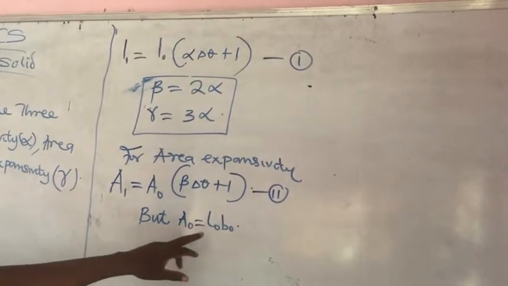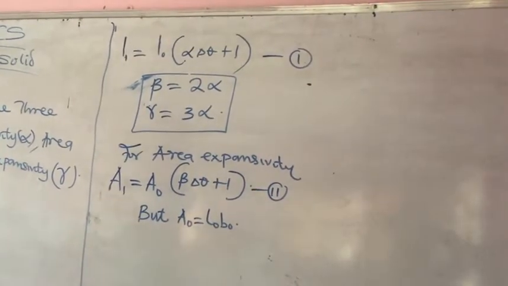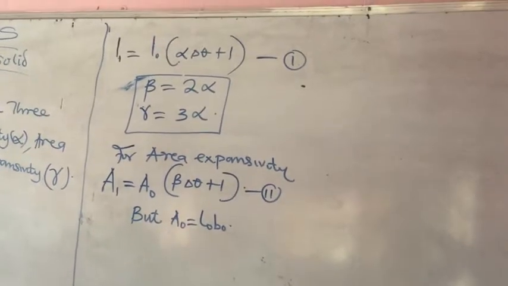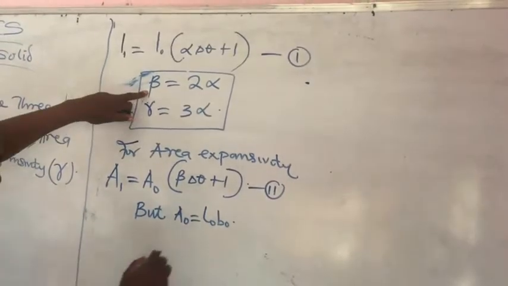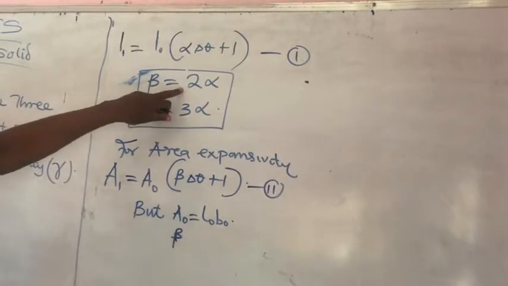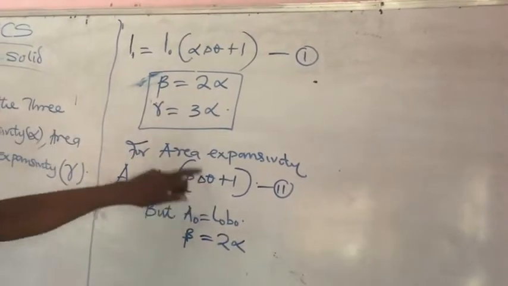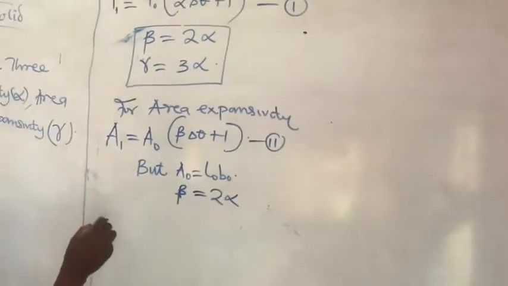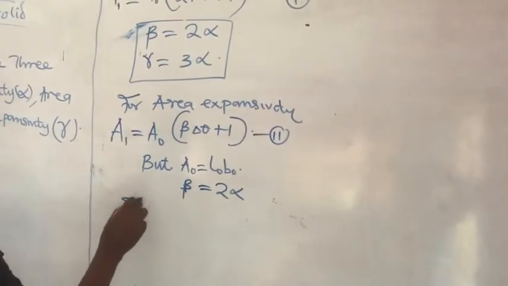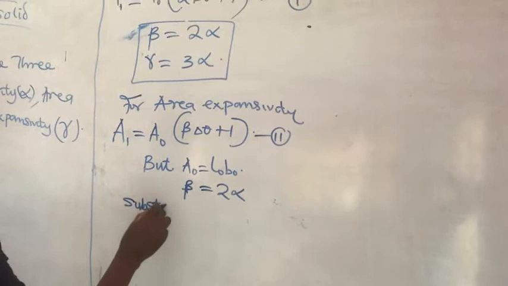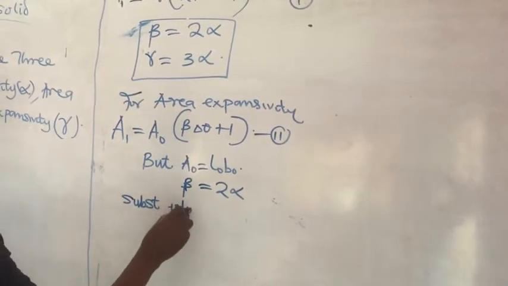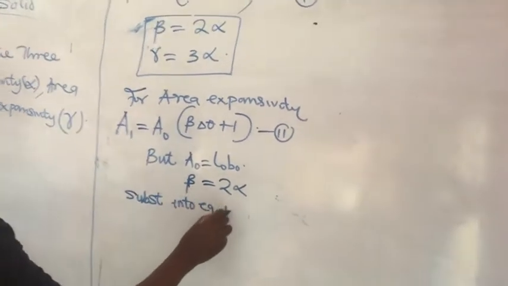Then also, beta can be written as 2 alpha. So let's substitute into equation 2.